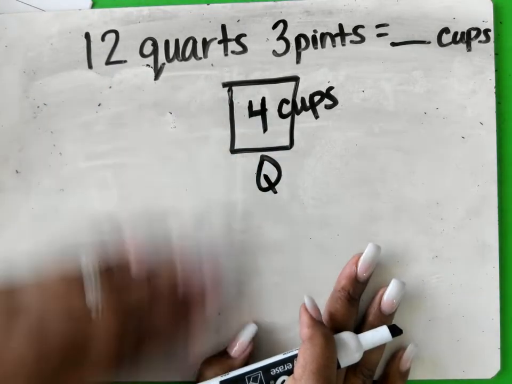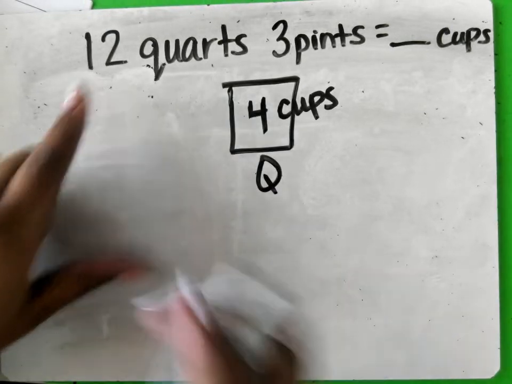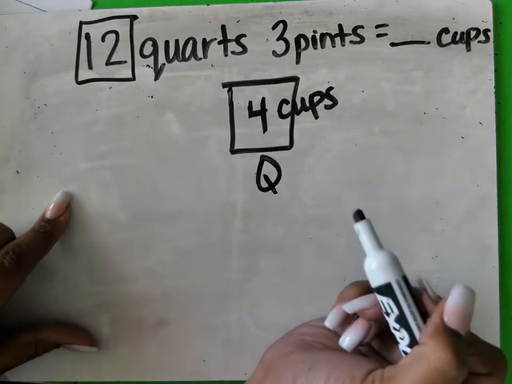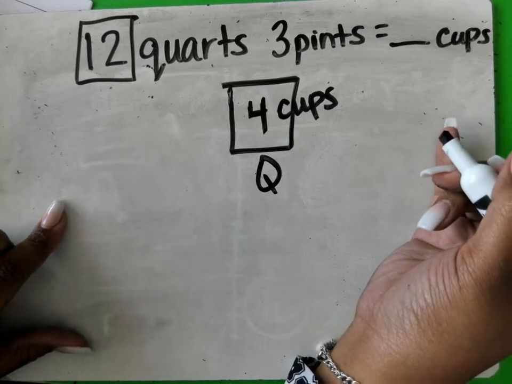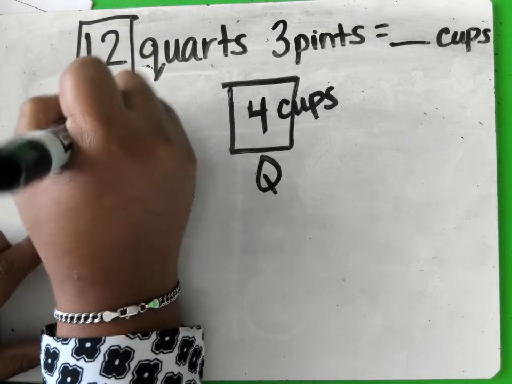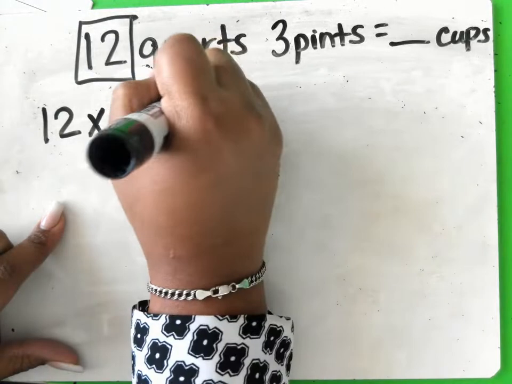So 4 cups is the same as 1 quart. I'm trying to figure out how many is 12. So I can draw 12 quarts with 4 in each. I can do 12 times 4, which I know is 48.